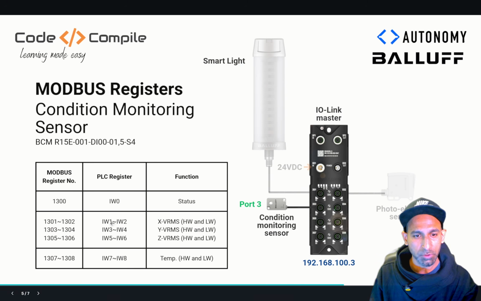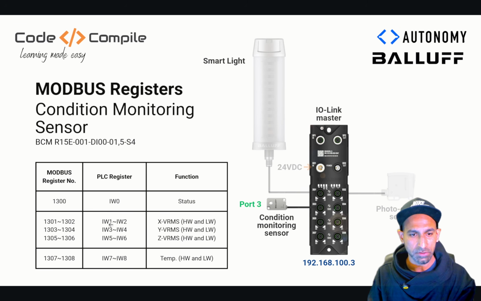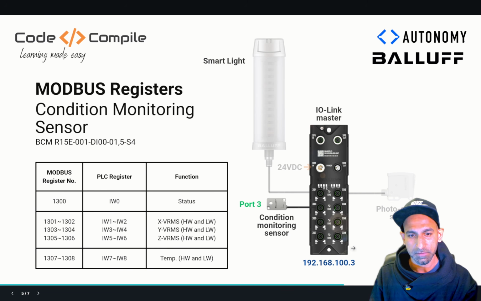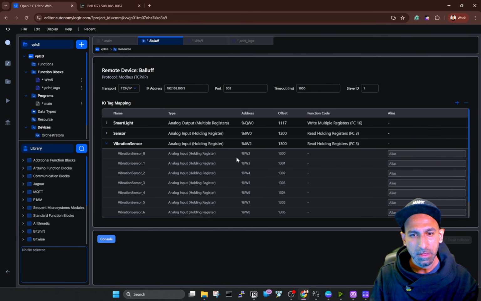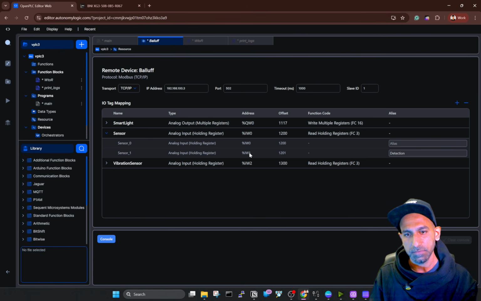The first one was the status, and IW1 has my VRMS high word and low word. So IW1 to IW8 I have to do for Modbus. Let's see what is here. Here you have IW2 because I was using a sensor before here. So that's why it's taking this one.